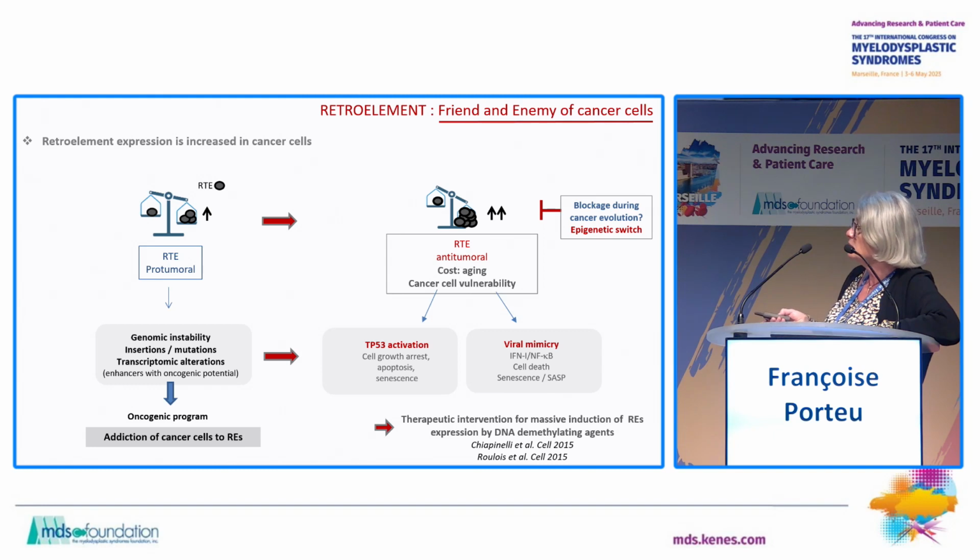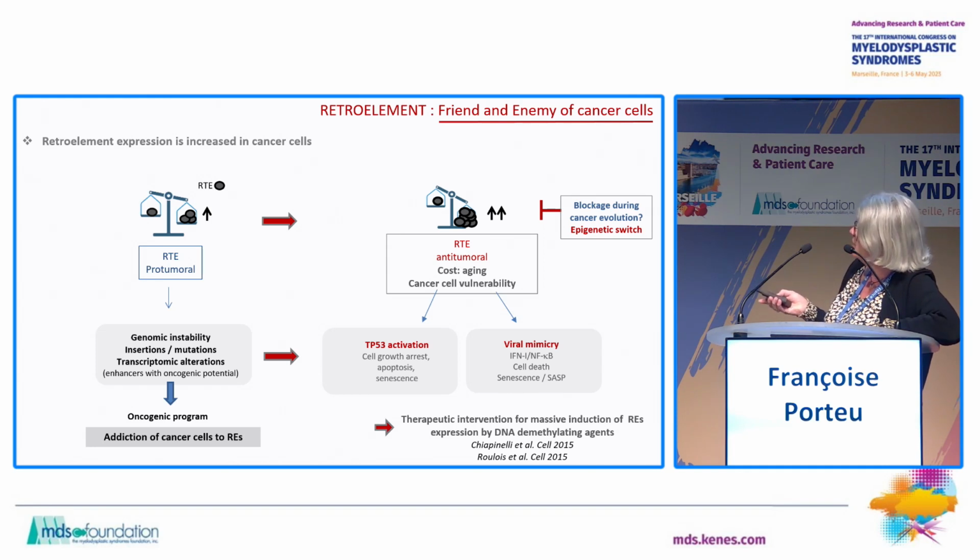So they can drive an oncogenic program for which the cancer cells are addicted to. However, as with all types of oncogenes, if the expression goes above a certain threshold, these retroelements are very strongly anti-tumoral. And this may be why it has been selected for during evolution.